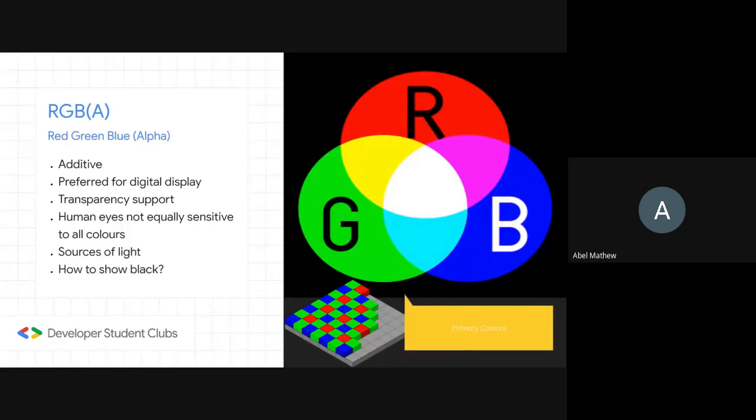What it means is that if a low amplitude light hits our eyes and all three colors of light are coming, our eyes will have the maximum sensation for green. We'll use this principle when we come to the further section.